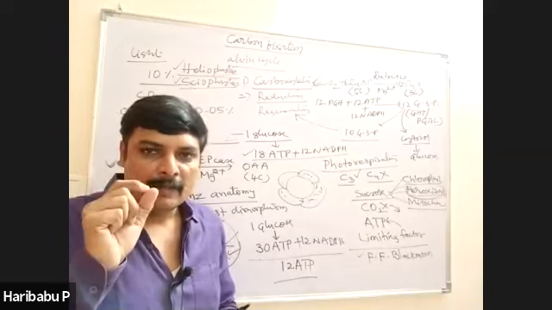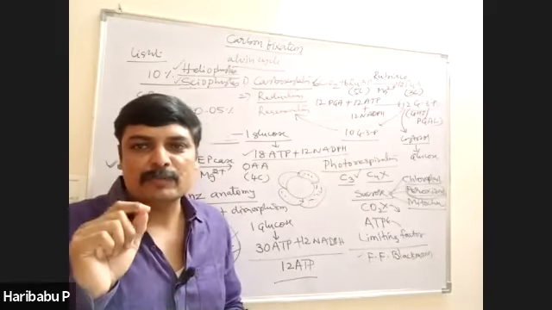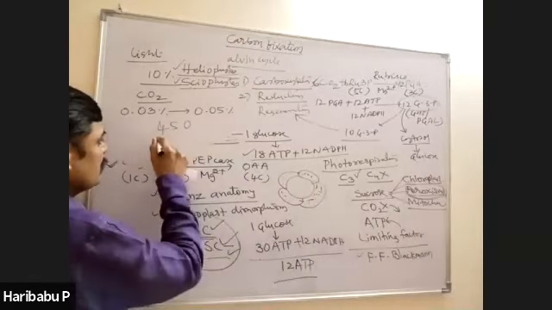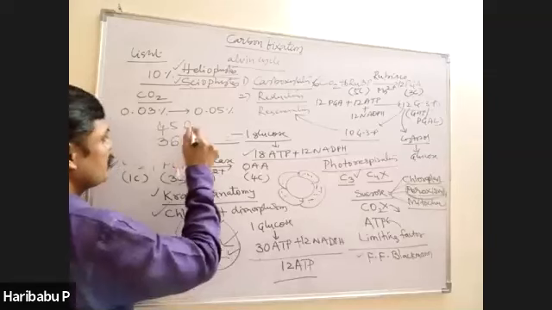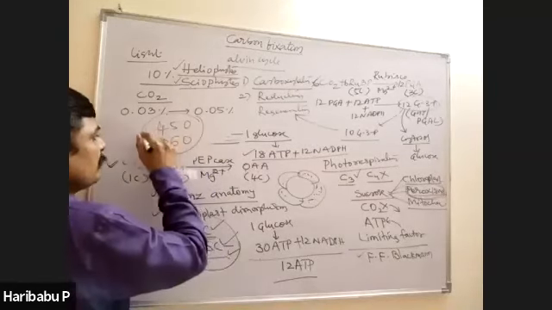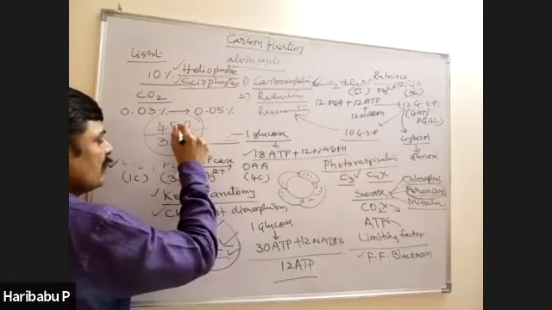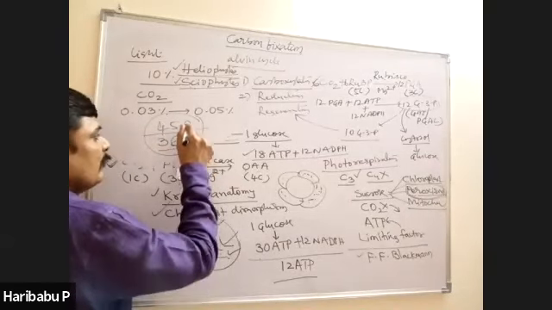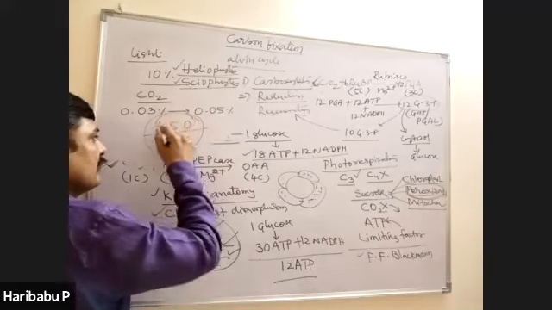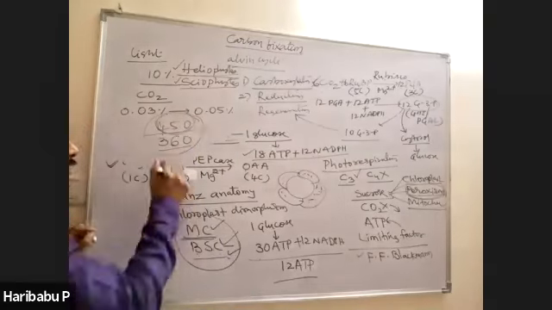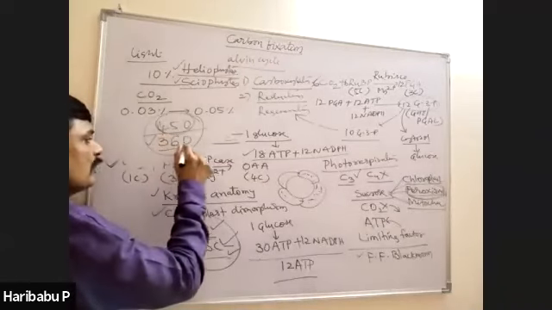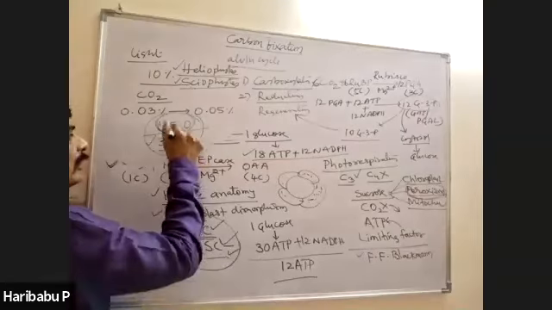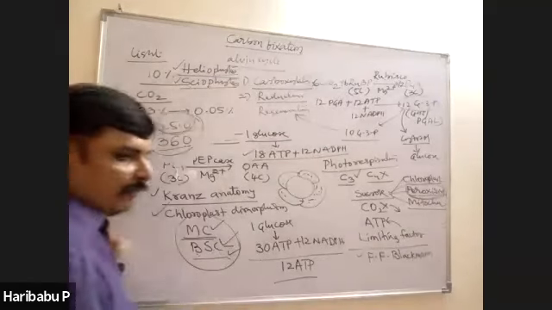The CO2 saturation point for C3 plants is 450, whereas for C4 plants it is 360. That means at low levels of CO2, C4 plants become saturated, but C3 plants require high levels.